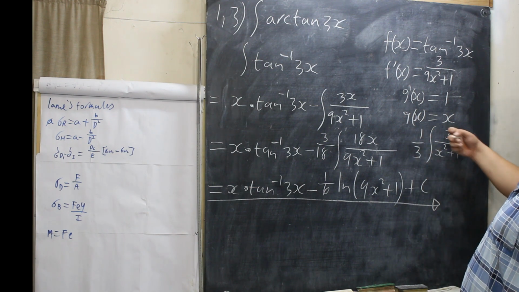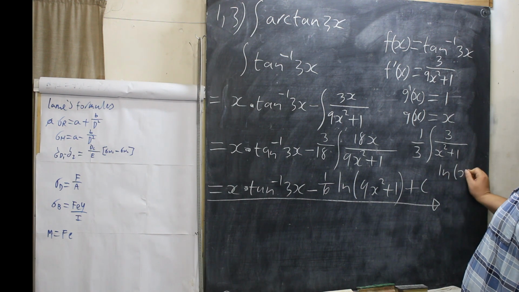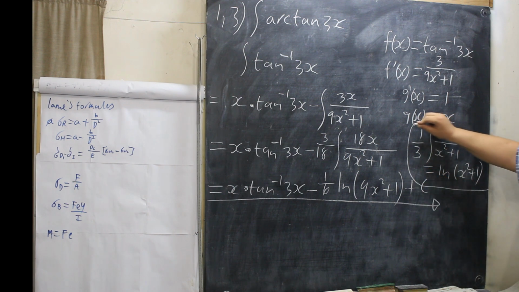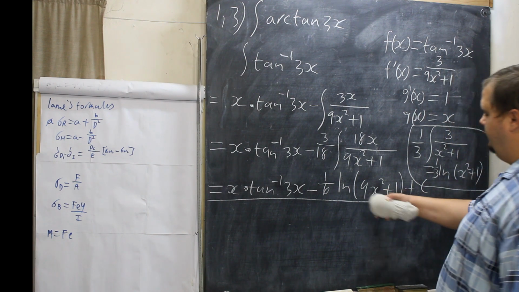Then, now that you've got the same numbers on both lines, it is ln x squared plus 1. So that'll equal, like so, 1 over 3 ln times x squared plus 1. And that's how it ends. That's how I got this.